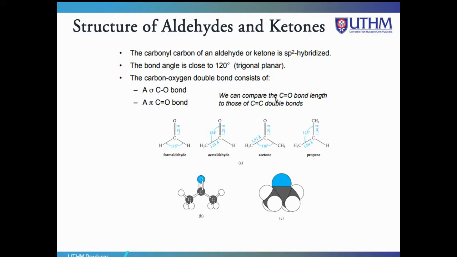We can compare the C double bond O bond length to that of the C double bond C length. The examples are illustrated below, which are represented by formaldehyde, acetaldehyde, acetone, and also propene.